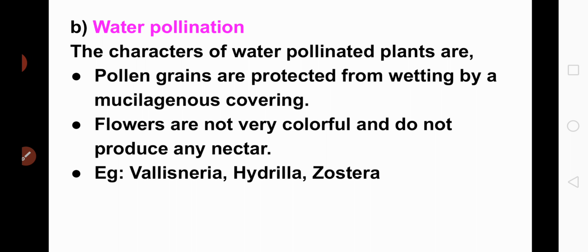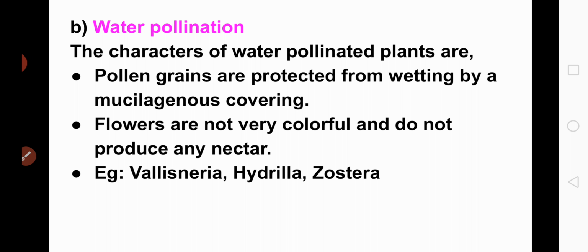Water is a regular mode of transport for the male gametes among the lower plant groups such as algae, bryophytes and pteridophytes. Some examples of water pollinated plants are Vallisneria and Hydrilla, which grow in fresh water, as well as several marine sea grasses such as Zostera.